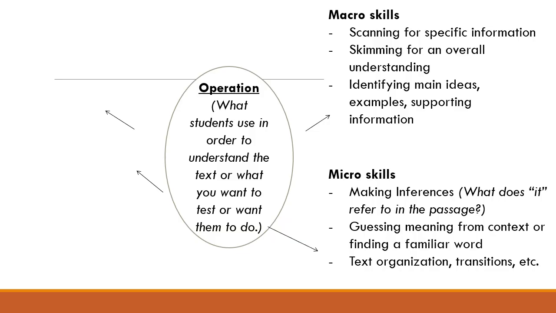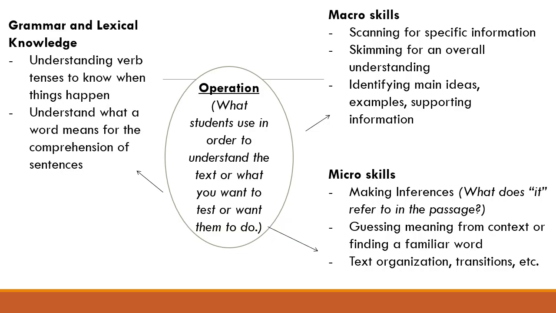Now, at the same time, students may also rely on grammatical and lexical knowledge to help them comprehend a text, right? They may try to understand verb tenses, or knowing verb tenses can help them understand when things happen, okay? Or understanding a word can help them understand a sentence. Now, these are skills that we need to think about when we choose a text for students to do.